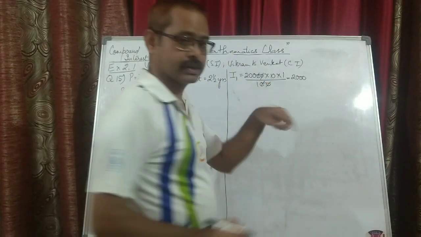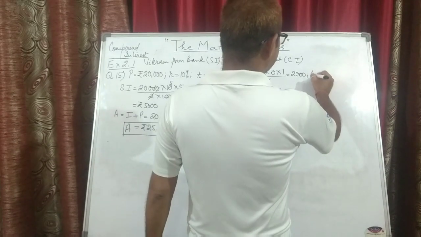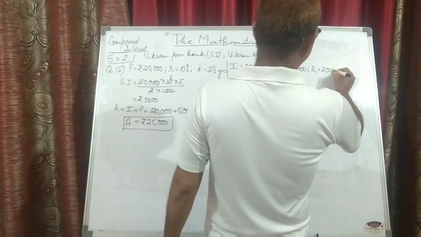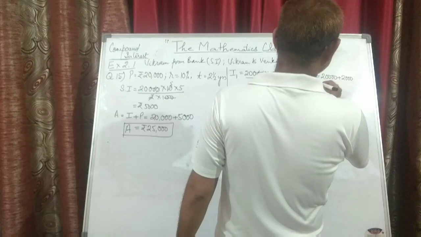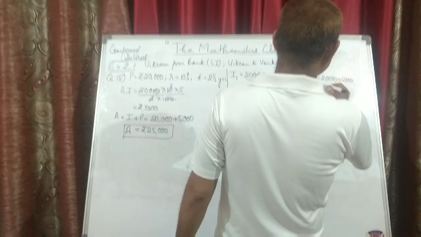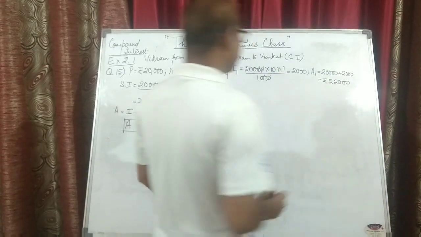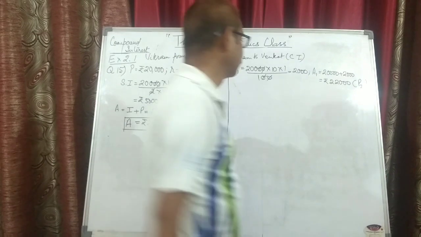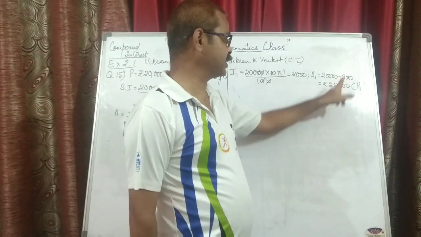Now this is the interest. So the amount after 1 year will be principal 20,000 plus interest 2,000, that is rupees 22,000. That is the principal for the second year. After 1 year, he earned 2,000 rupees interest.